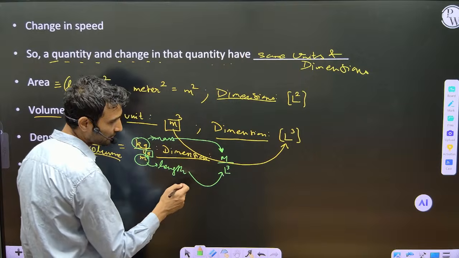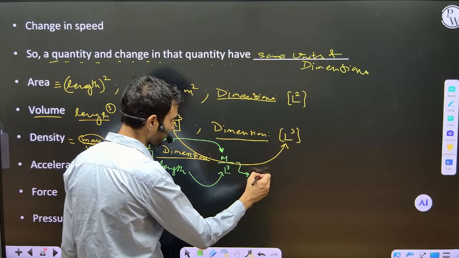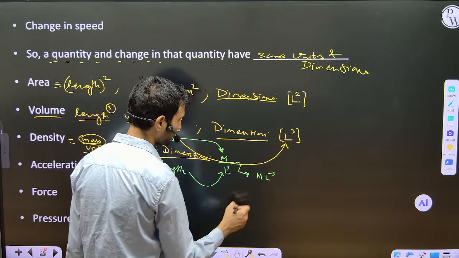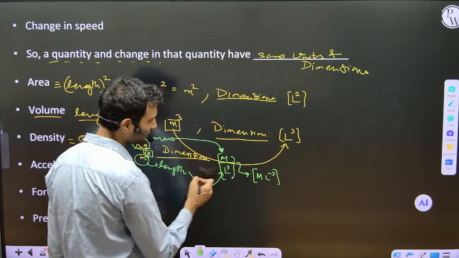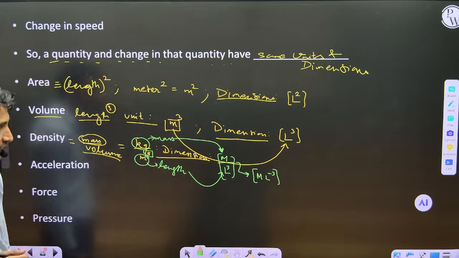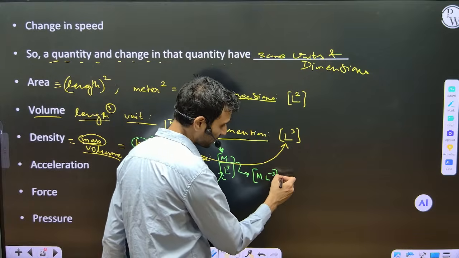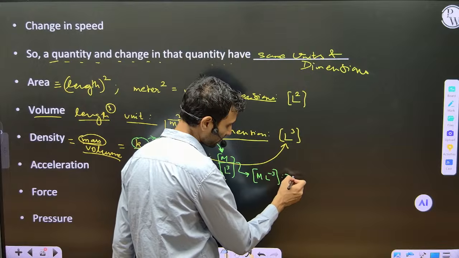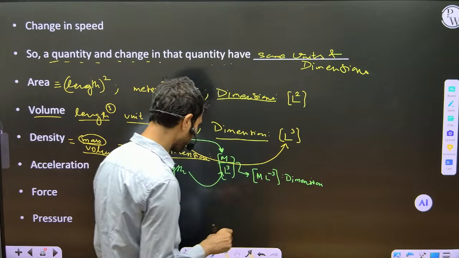So it becomes M L to the power minus 3, with a square bracket, of course. The square bracket should be everywhere actually. Sometimes I forget, but ideally you should put it everywhere. ML to the power minus 3 is the dimension.